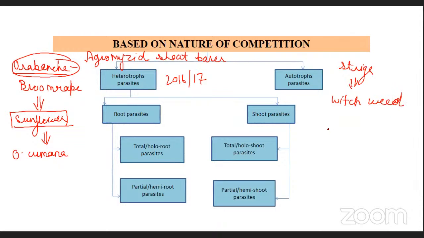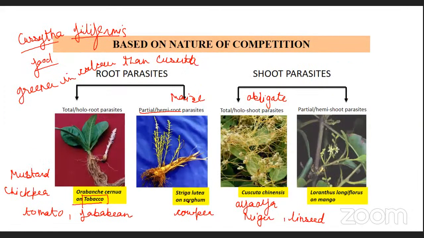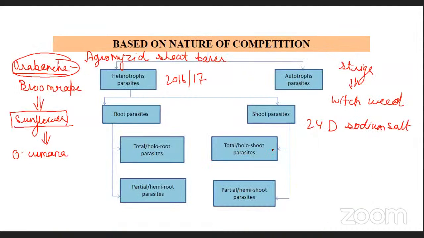Okay, and I told you earlier also that they initially depend on the host for food, but later on they prepare their own food. And for controlling the Striga, we are using 2,4-D sodium salt. Okay, and as I told you, this Striga attacks sorghum, cowpea, and maize, but the species are different.